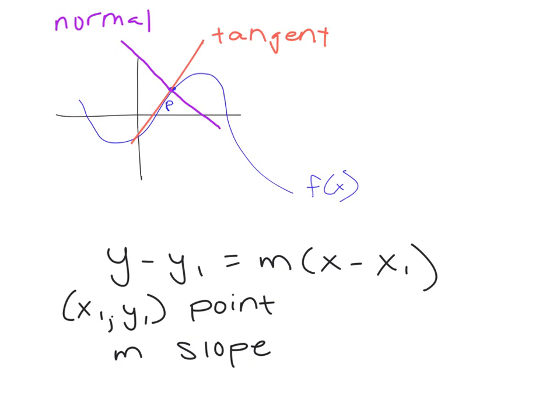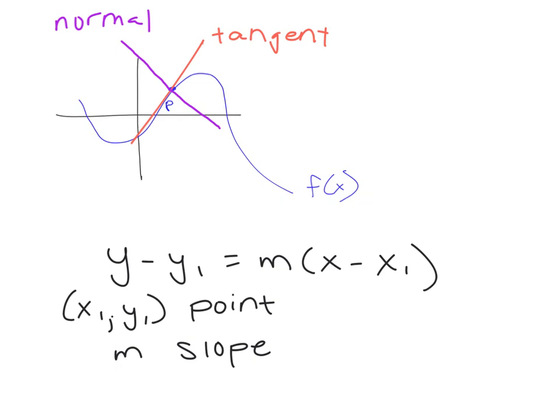For the slope, we know that the slope of this tangent line is also the slope at this instant point P on f of x. And so the way that we can find that is we know that the slope is the same as the first derivative. The first derivative tells us the slope of the function. So we can use our first derivative of f of x to get our slope.